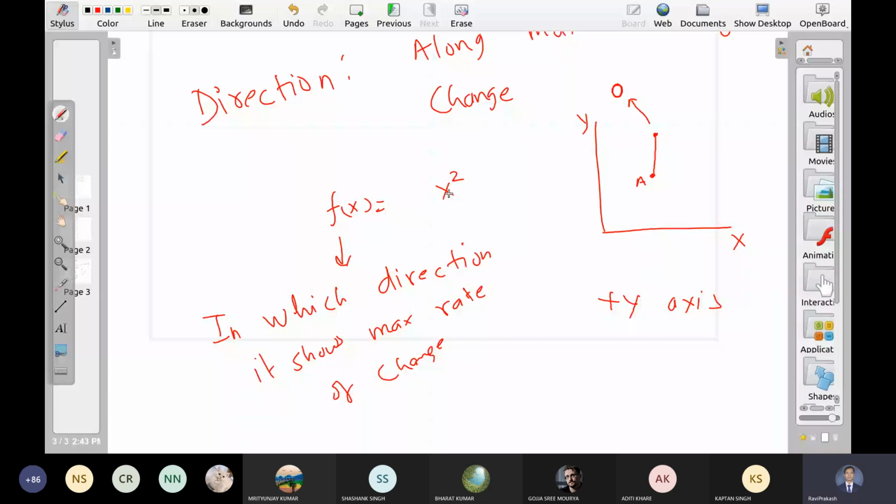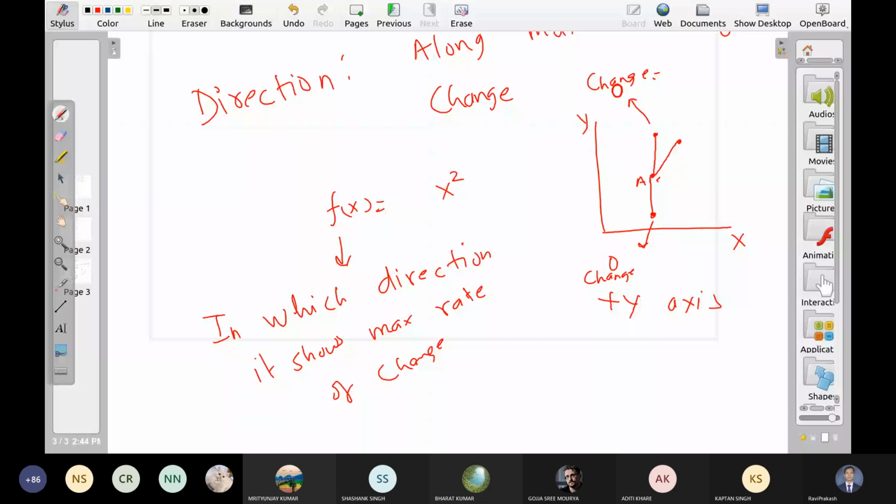Similarly, if I go along this direction, y 1 millimeter, no change. Let us say if I go along this direction, so I moved delta x along x and I also moved delta y along y.